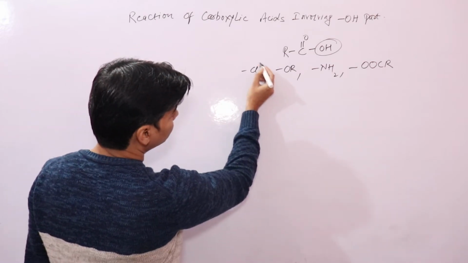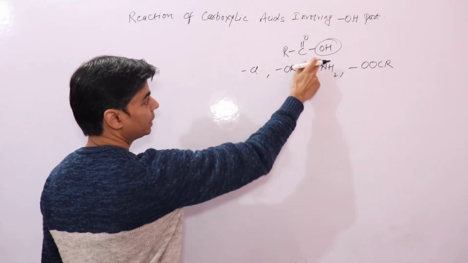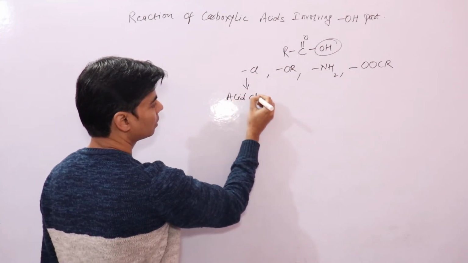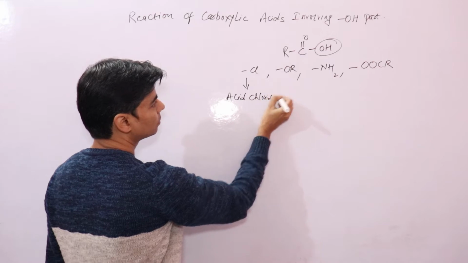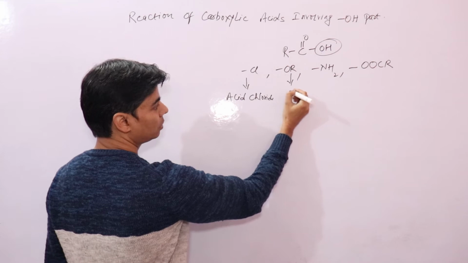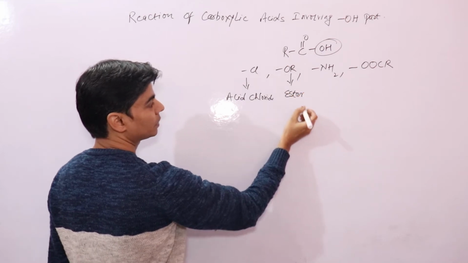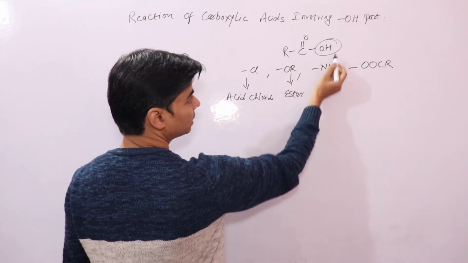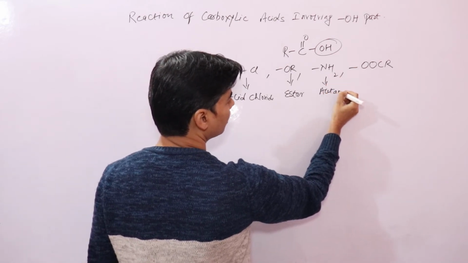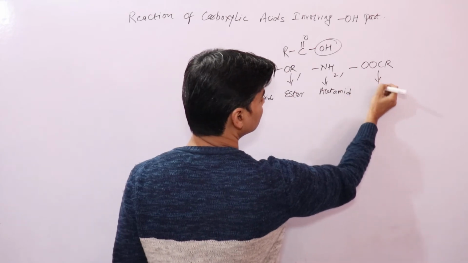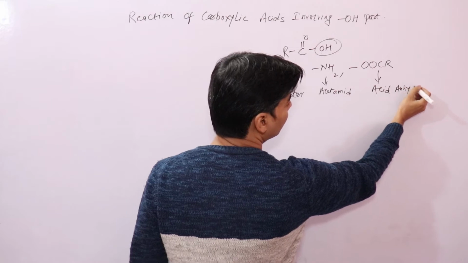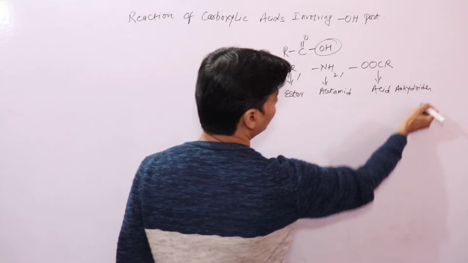So when you replace OH with Cl, what you will get is acid chloride. When you replace this OH with this OR, what you will get is ester, right? And when you replace OH with NH2, what you get is acetamide, right? And with this, what you will get is acid anhydride, right?